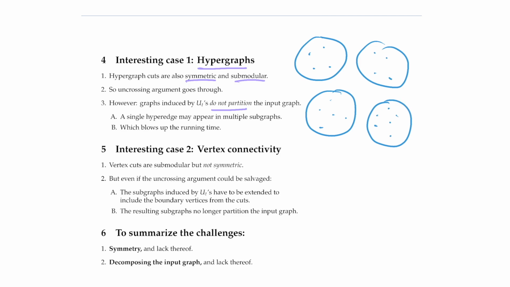So you will partition the vertices, but a hyperedge in the input graph can contain many vertices, and so it can span many parts. And so when you look at these subgraphs, you create a lot of hyperedges total across the subproblems. So the fact that a single hyperedge can appear in multiple of these subproblems is going to blow up the running time when you start applying max flow.